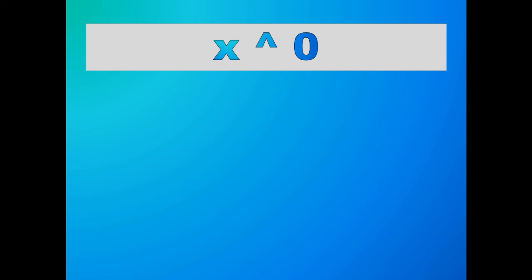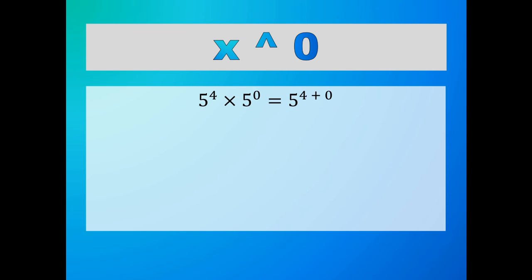I would now like to explain in another way that we can know that 5 to the 0th power is 1. Well, 5 to the 4th power times 5 to the 0th power is equal to 5 to the 4 plus 0. If I explain this property about exponents in a future set of videos, I plan to link that set of videos in the description of this video.